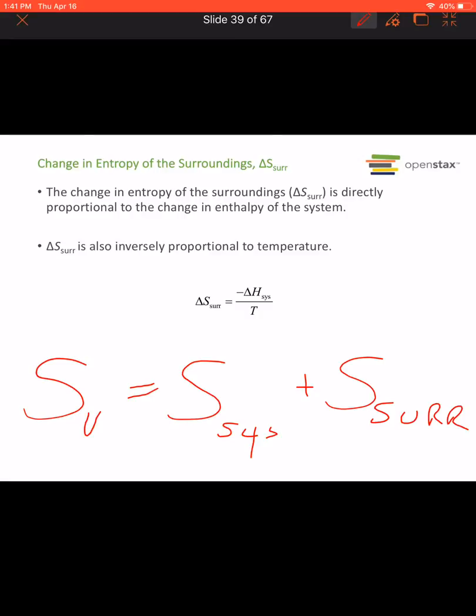So the sum of the system and the surroundings has to also be greater than 0. And we know that whatever happens to the system, the equal and opposite happens to the surroundings, basically, when we're talking about change in energy.